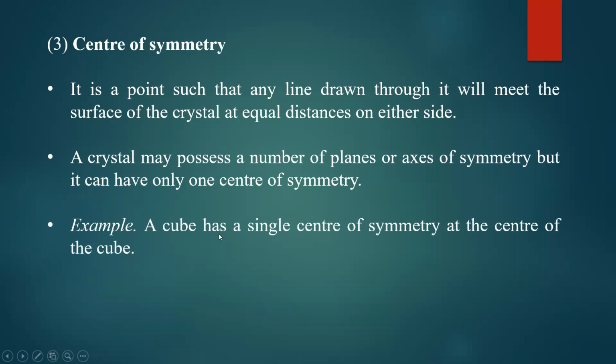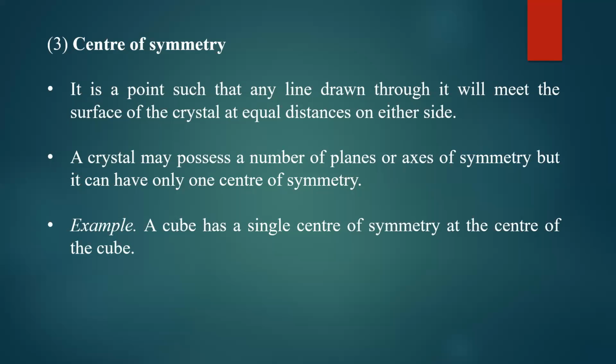For example, the cube has a single center of symmetry at the center of the cube. If you observe the distance of the face from that center, it will be the same on either side. That is how you can understand the center of symmetry. If you draw a line passing through the center of symmetry, you will meet the surface at equal distance on both sides.